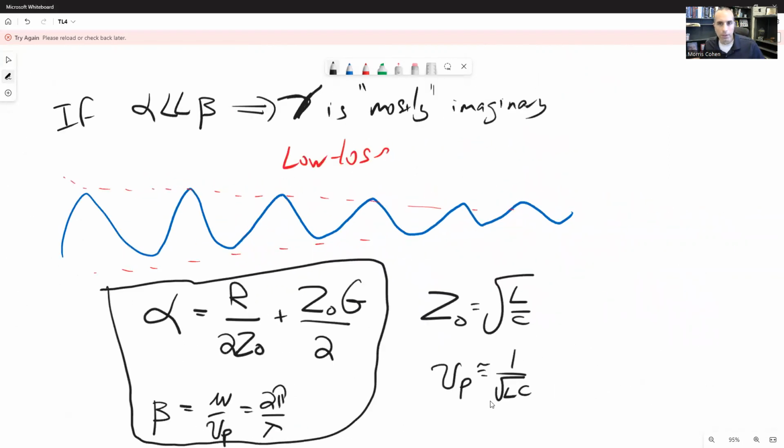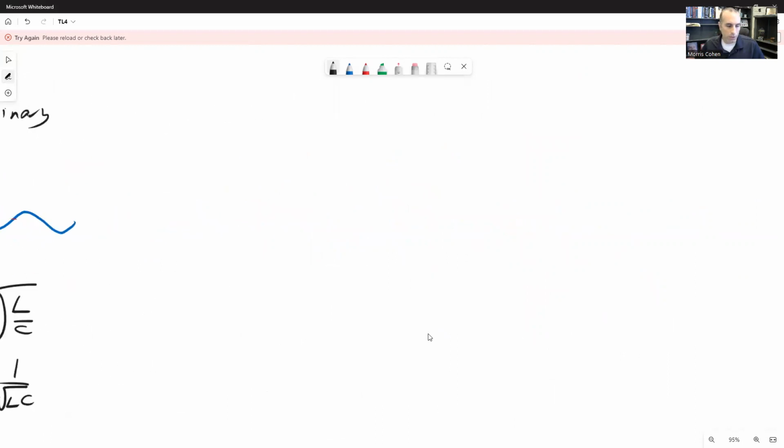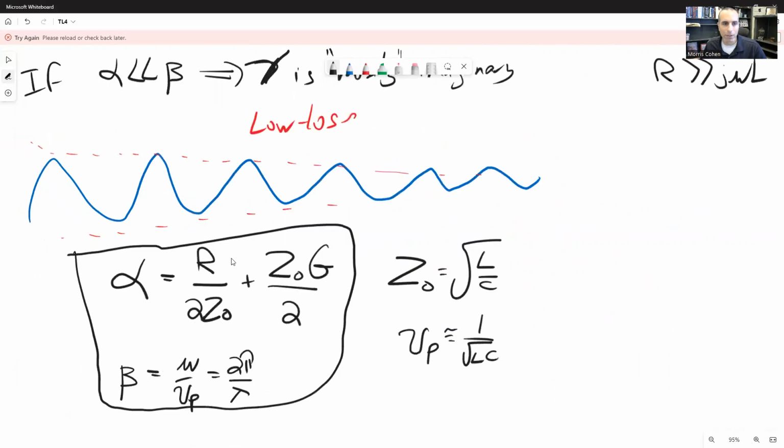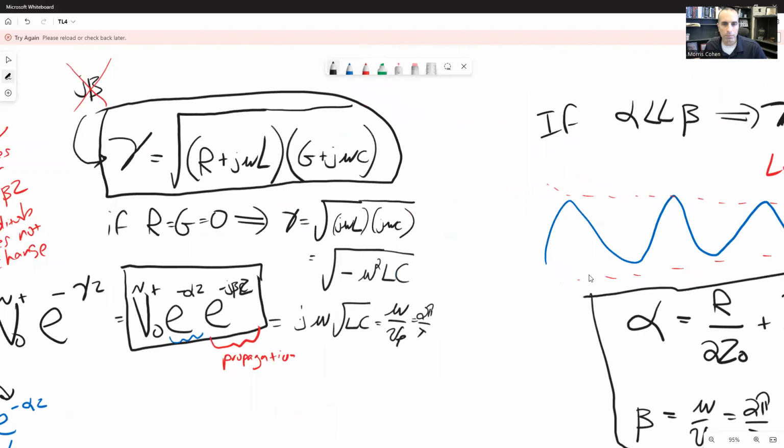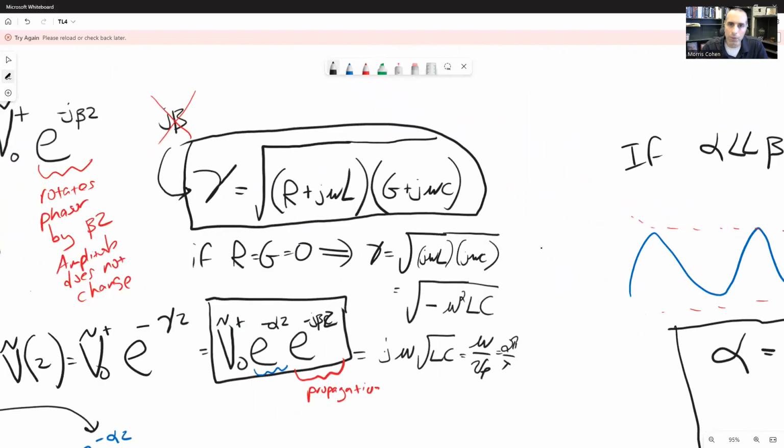There is another potential situation where the losses dominate, right? Which is to say that the resistance is much greater than j omega L, or the admittance is much greater than j omega C. So going back to that definition of gamma, right, you can see in this term right here, if R is much greater than j omega L, we're going to get the resistance dominating over the inductance.